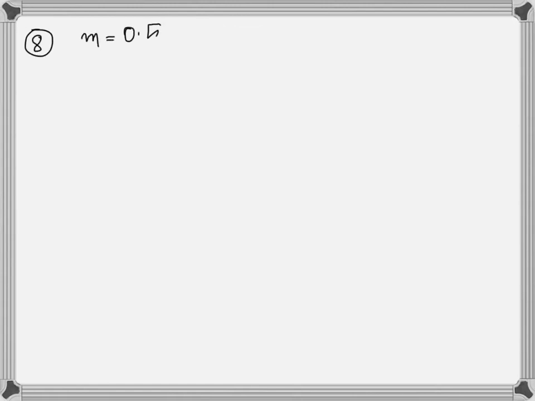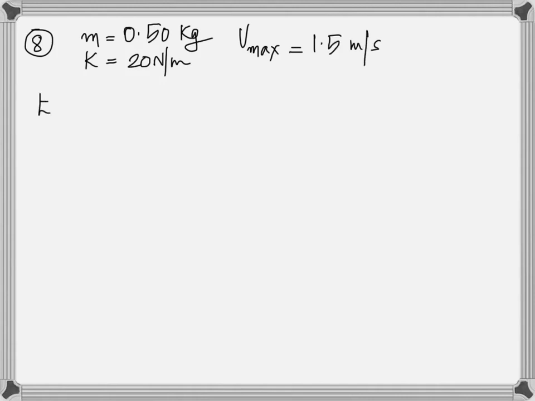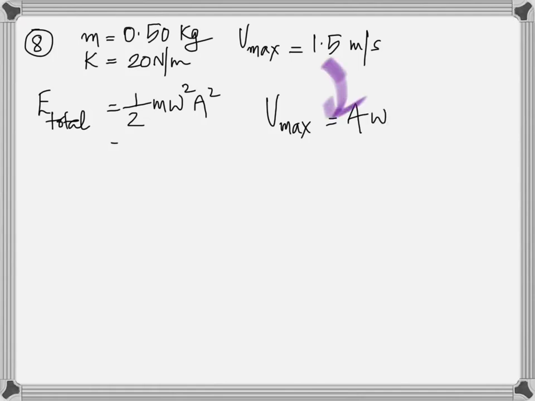And in number 8, you're asked to find the total energy. Mass is given, K is given, and maximum velocity is given. But we know the maximum velocity is A omega, right? Okay, and can use that. And also, E total is 1/2 m omega squared A squared.